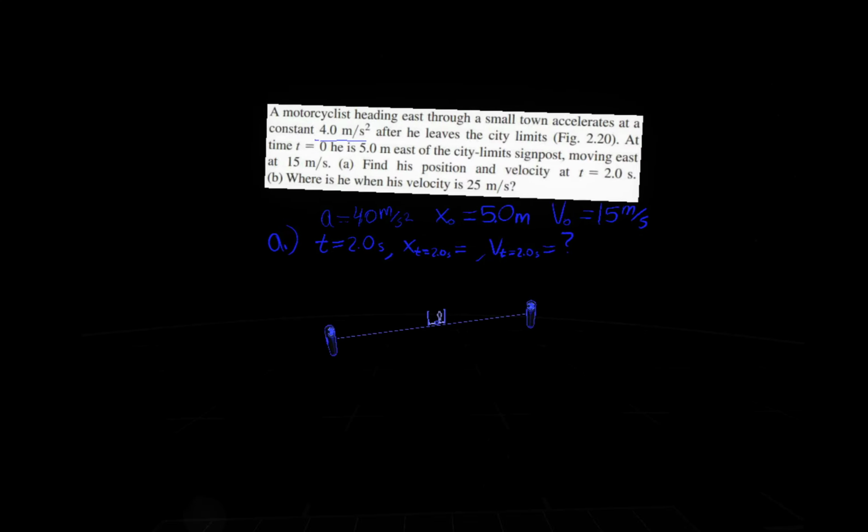And to be explicit, you could say x at t equals 2.0 seconds, if that helps you remember what we're talking about. Or you could just write x. And we also want velocity at t equals 2.0 seconds, which is equal to something that we don't know yet.